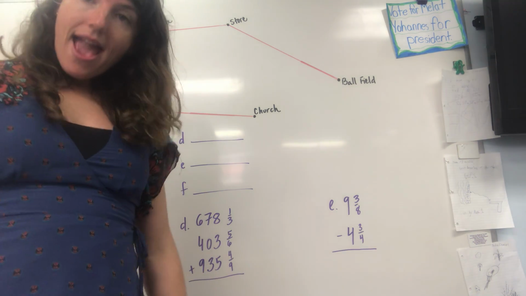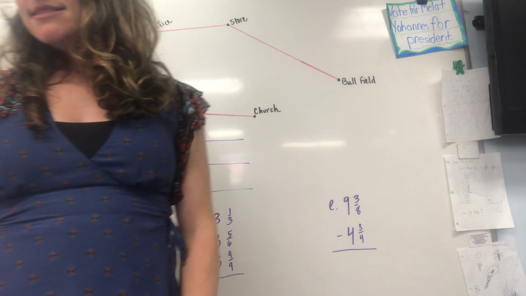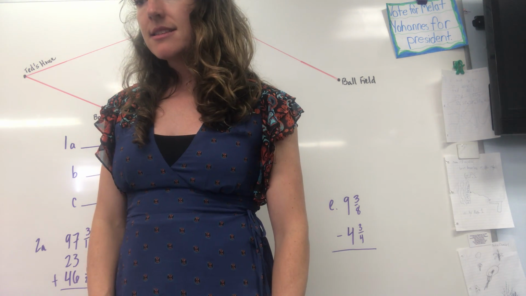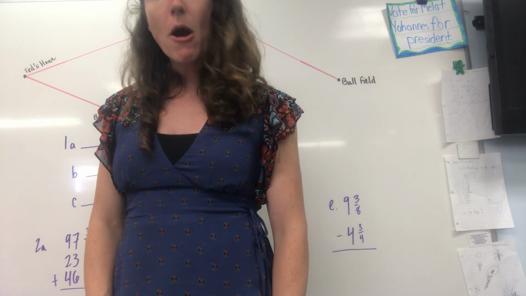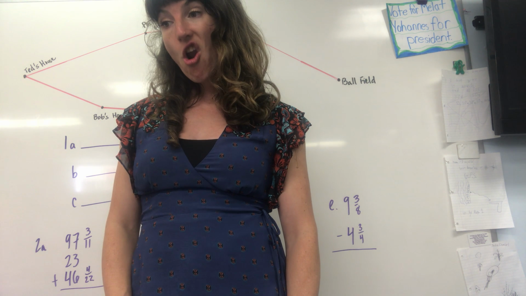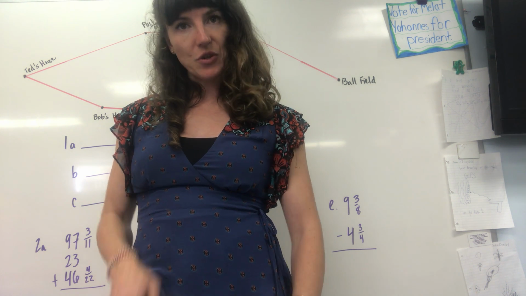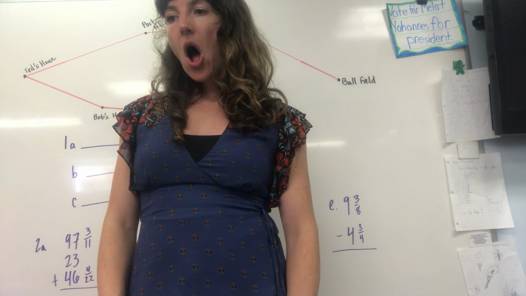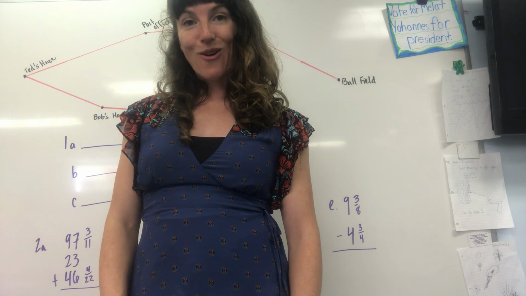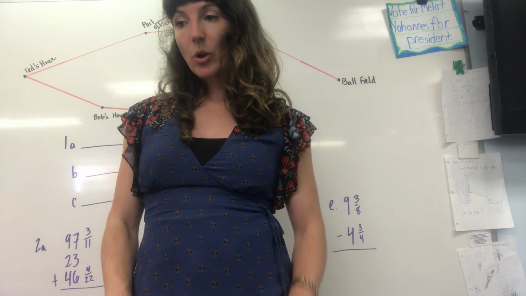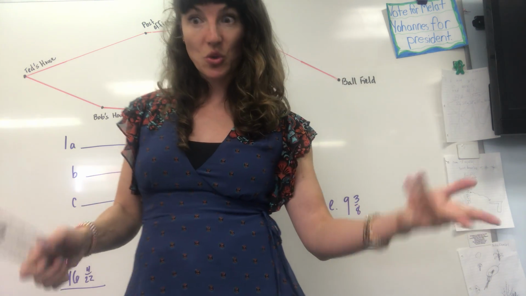Number 1A says, find the distance between the post office and the store. Use your ruler to measure, so you better have your ruler by now. Always measure along the lines. So we're going from the post office to the store.